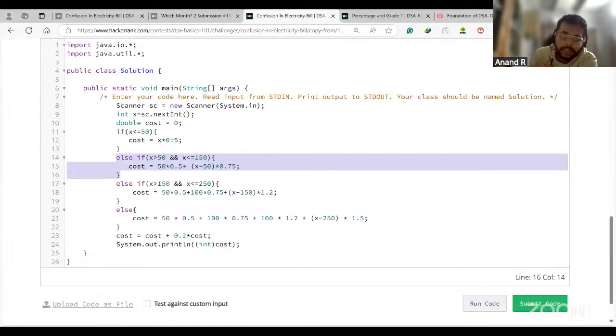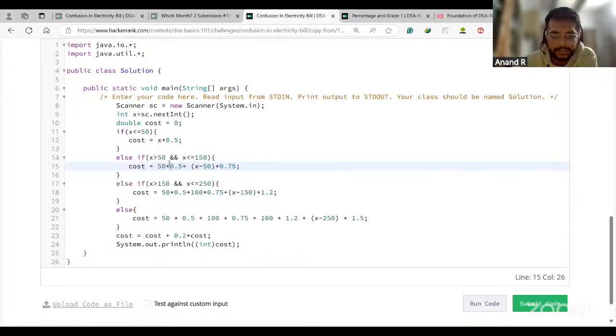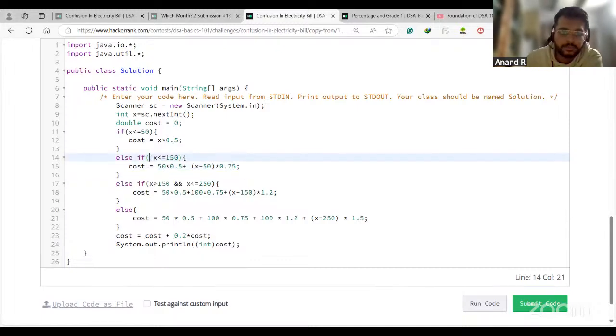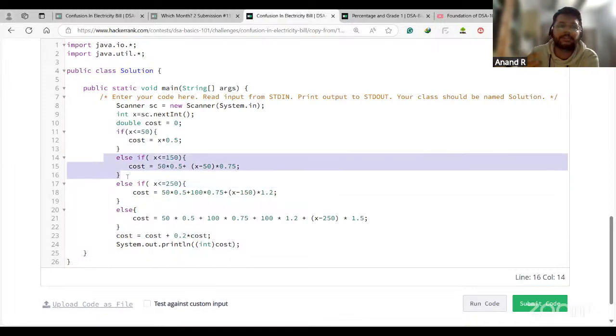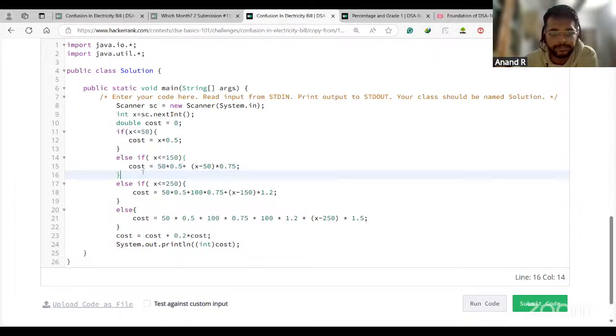It will only go to the else if when the value is greater than 50, right? So there is no point in checking this particular condition. Similarly, it will go to the second else if only if the value is greater than 150. If its value is less than 150, it will execute the earlier else if.